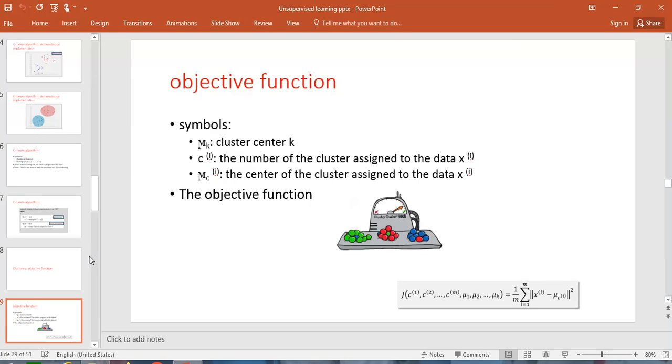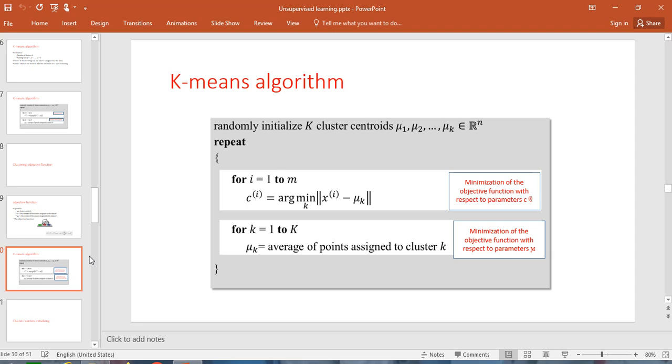This objective function has a minimum. It has a global minimum point. Do we necessarily choose the global minimum solution? One of the problems of the K-means algorithm is that depending on the initial random points we choose, we may not reach the global minimum solution. Of course, it is not necessary to get the global minimum answer.